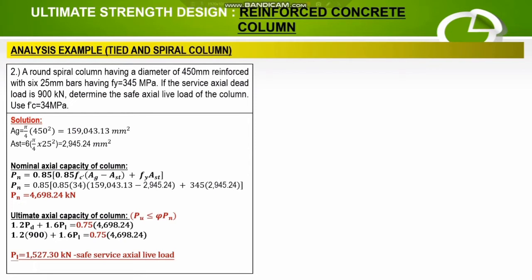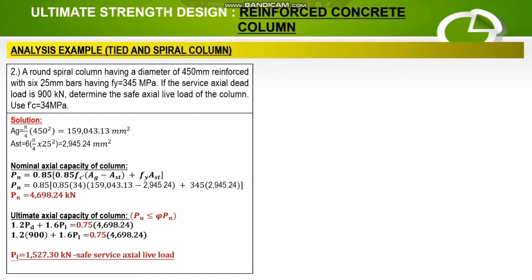So for our solution, first we will solve for the gross area of our column. Ag is equal to pi over 4 times 450 squared, which equals 159,043.13 mm squared.